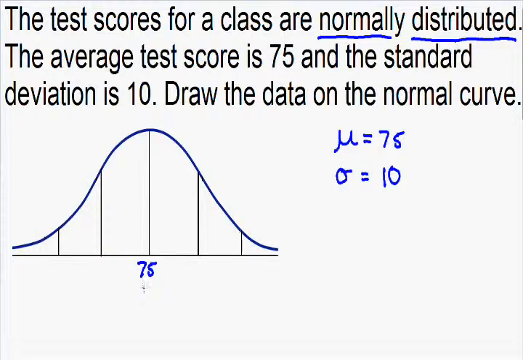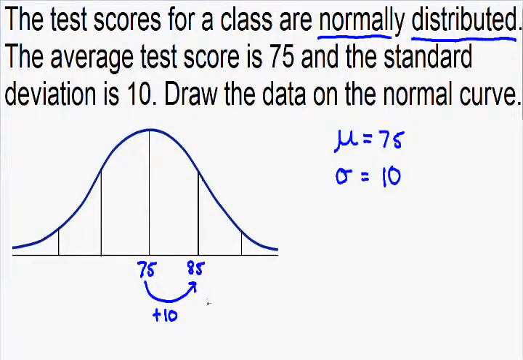So if we go to the right of the average by one standard deviation, we need to add our standard deviation of 10. 75 plus 10 is equal to 85. So our value under this line is equal to 85.